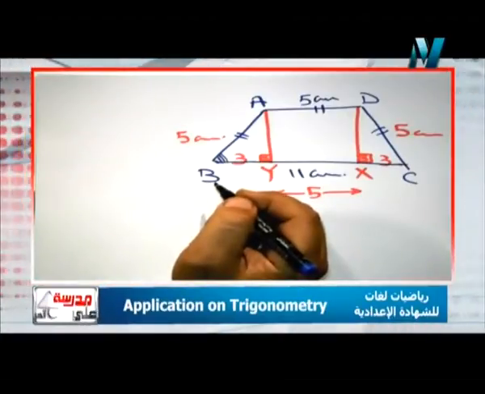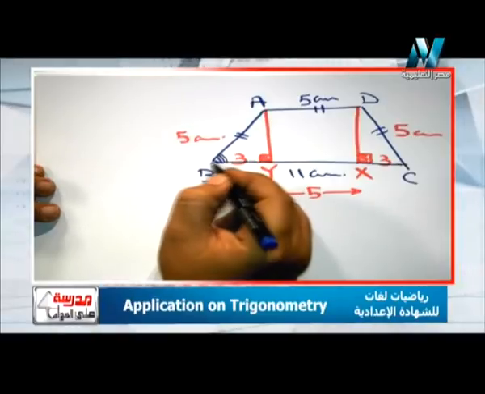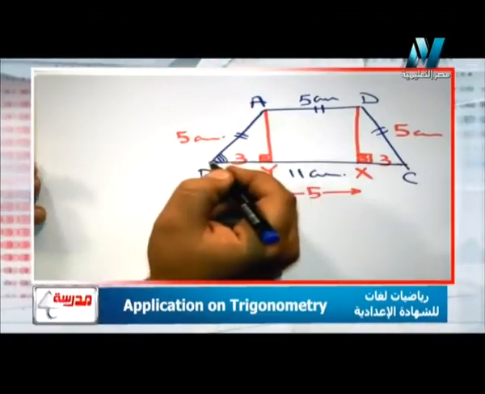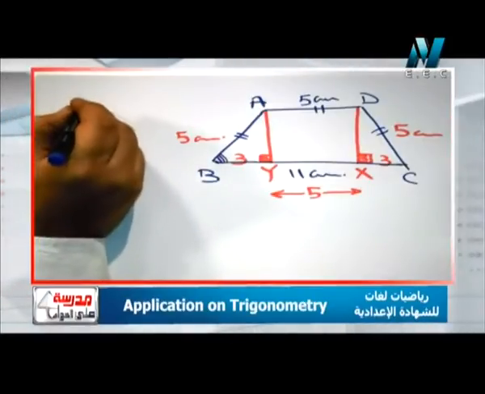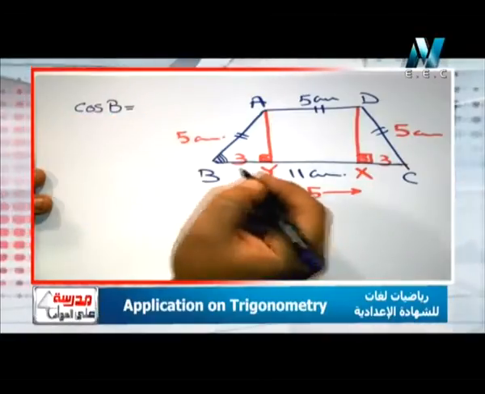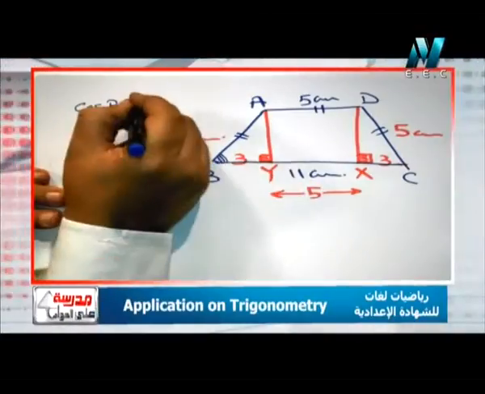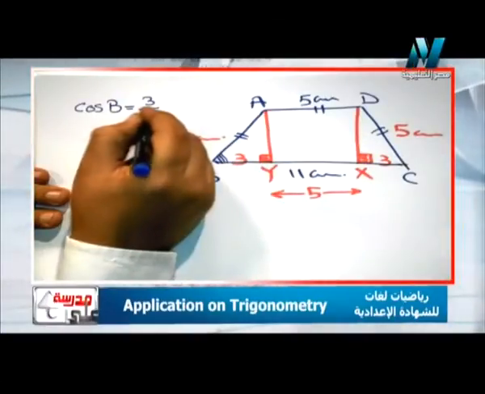So the main trigonometrical ratio that uses the length of the adjacent and the length of the hypotenuse is the cosine. So I'm going to write here that cosine angle B equals the length of the adjacent, which is 3, over the length of the hypotenuse, which is 5.